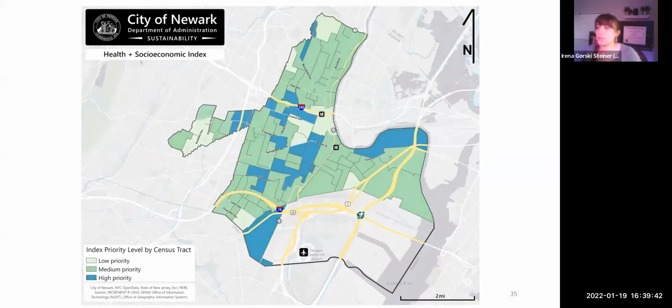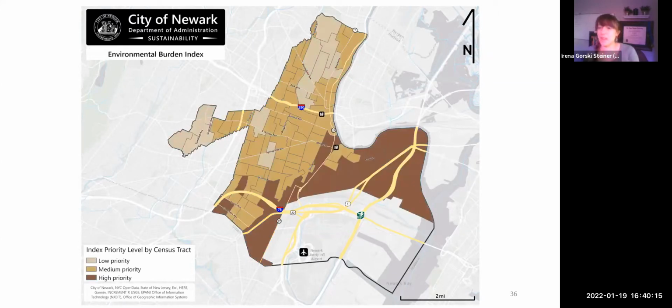If we look at those two together, you can get a sense that the ones we saw for each are combining to get this overall picture. So if we're not considering any direct indicators of the environment, and just the underlying health outcomes and socioeconomic status, this is how census tracts would be prioritized.